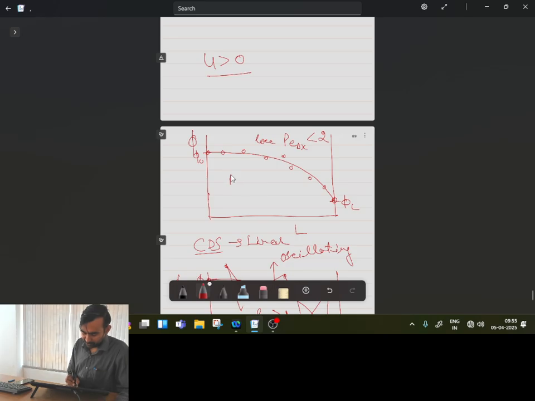See, what is Peclet number? It is rho u delta x by gamma. What does gamma represent? Diffusion, and rho u delta x represents convection. When Peclet number is less than 2, then the order of convection and diffusion is nearly the same.